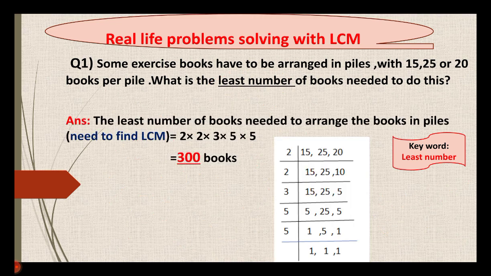As you can see, the solution is on this slide. The least number of books needed to arrange the books in piles: you need to find the LCM, this is the way, as I told you in the previous slide. The answer is 300 books.